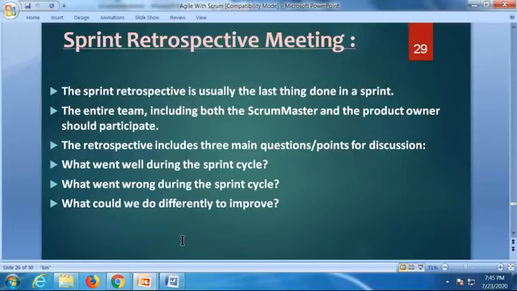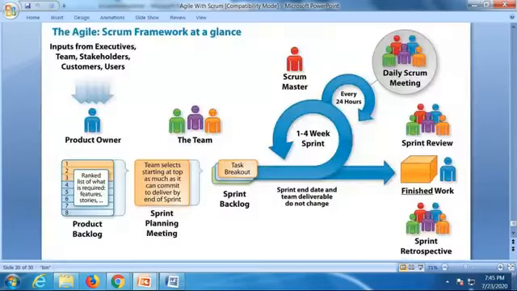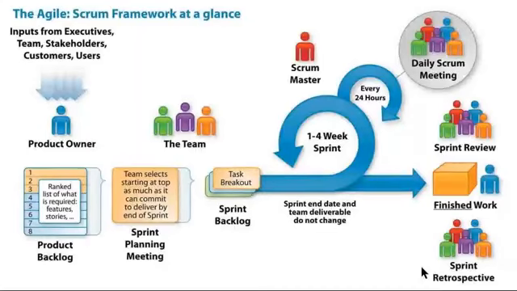And it works simply. The Scrum works like this. It's a simple process, which I discussed with all the points. The product owner will take all inputs from executive members, stakeholders, customers, and so on, and he'll prioritize all of them in a process called the product backlog, a collection of all stories. From this product backlog, the Scrum team will select the topmost priorities, and they'll give commitments also on when to release it.